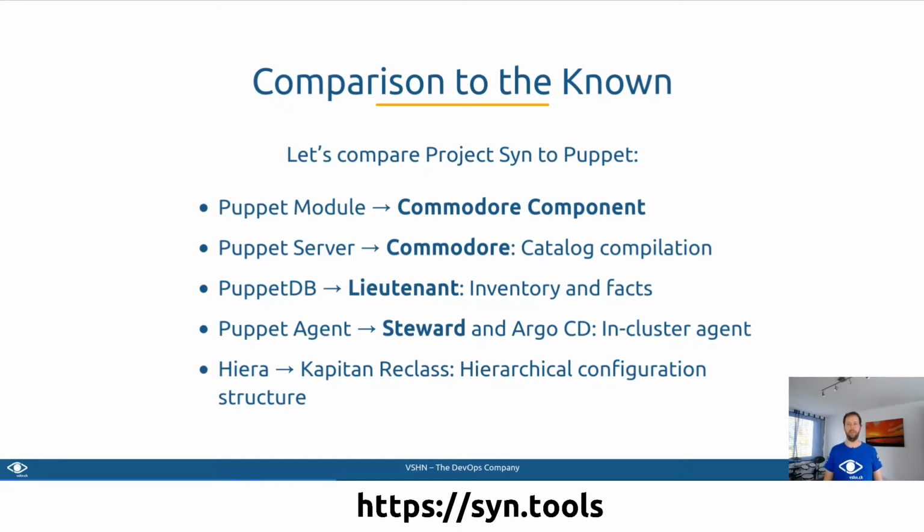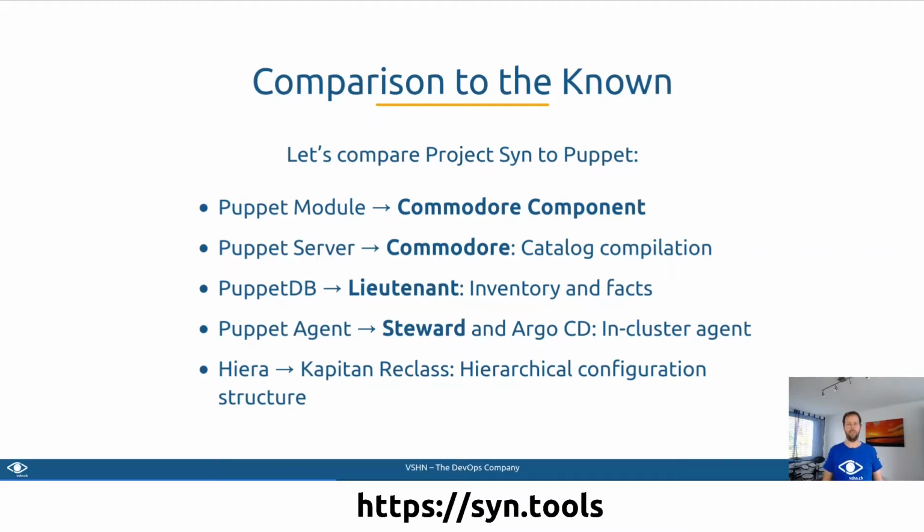Then we have the Puppet server. It is responsible to compile a catalog for your Puppet agent to do its job. It does this by getting information about the server, called facts, and passes these parameters to a Puppet module, which then gets parameterized, compiled, and sent to the Puppet agent, which does its job by installing Apache and configuring it, for example.